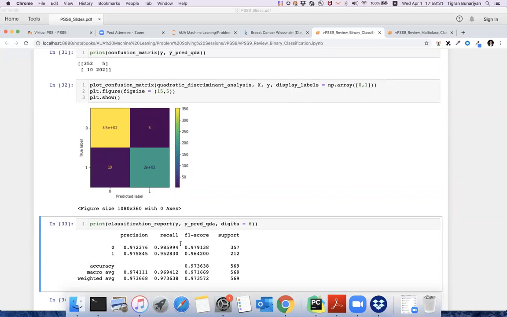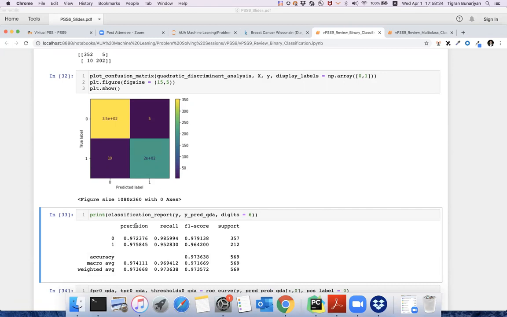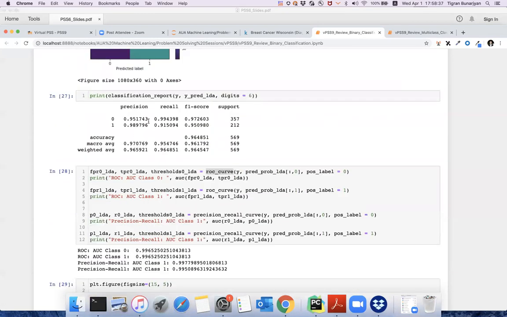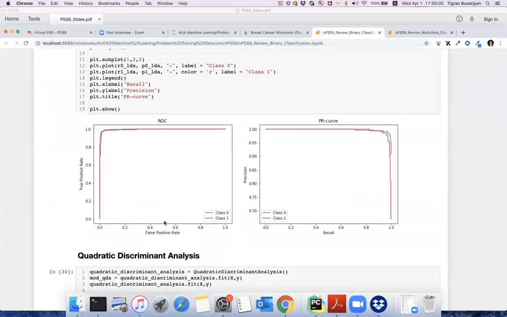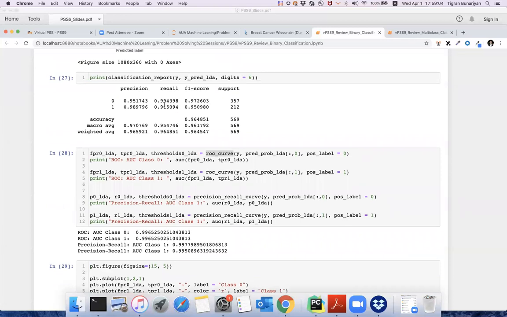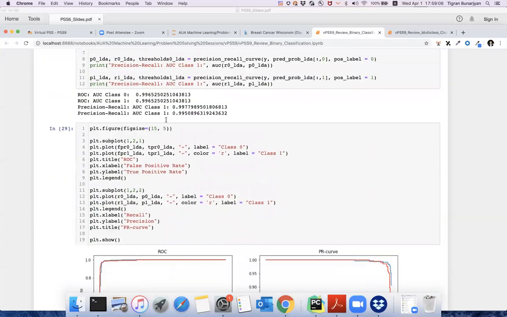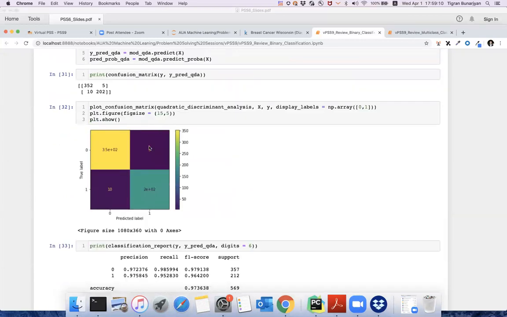When we compare these results to the LDA, we can see that despite the fact that the recall in LDA is 0.99 and the precision for class 1 is 0.98, in here we have some different results. We have a more adequate recall score for class 1, whereas the recall score in LDA was 0.91. And we can see more balanced misclassification rates in here.